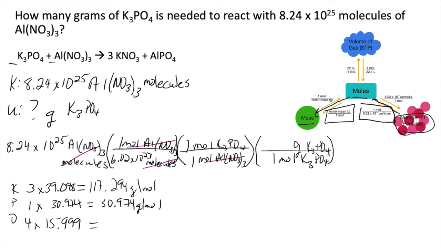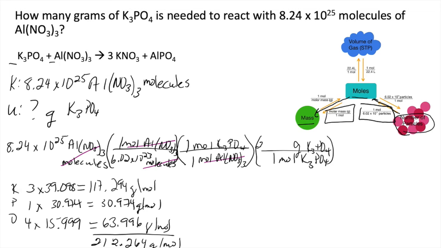Multiply that, which gives a mass of 63.996 grams per mole. Adding all of this up will give us the total molar mass for potassium phosphate to be 212.264 grams per mole.